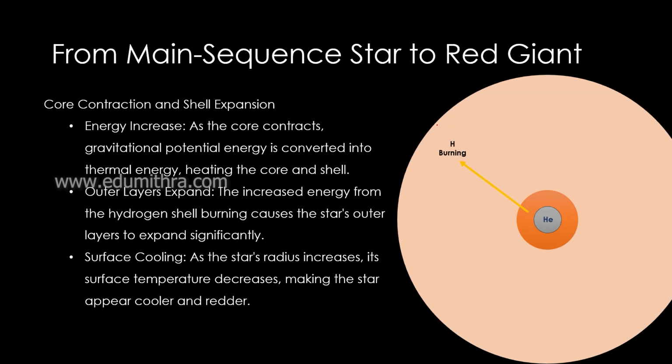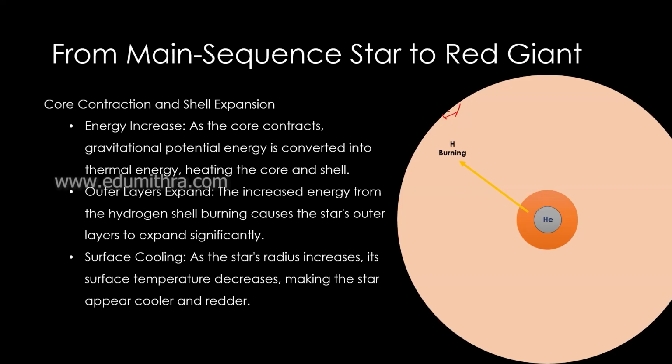So it expands, meaning its size will increase. As it expands, the surface will get cooler and cooler because it is farther away from the star. Each portion of the surface will get less light or less energy. That means the surface becomes cooler. Cooler means it becomes reddish in color.